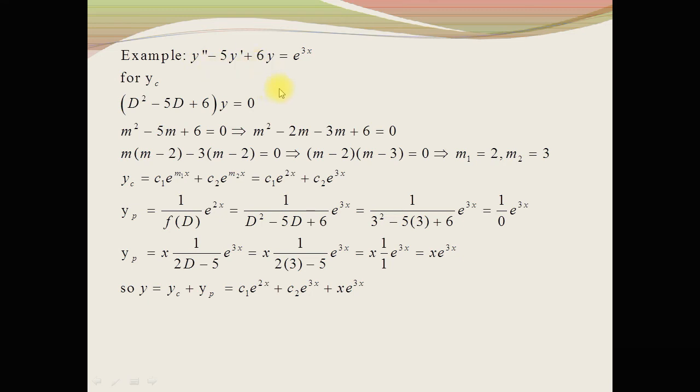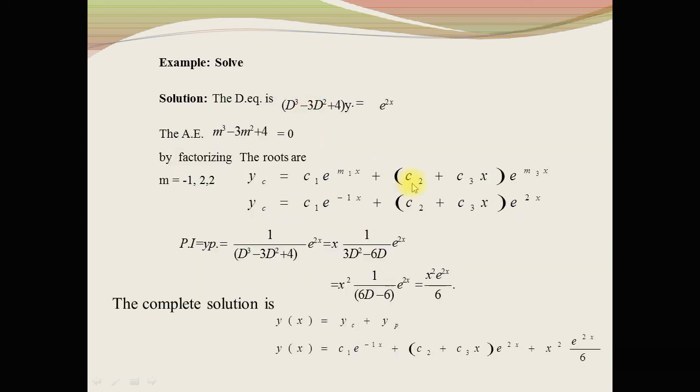When the roots are real and unequal, the complementary solution will be in this form: c1 e power m1x plus c2 e power m2x plus c3 e power m3x and so on. When the roots are real and repeated, the complementary solution will be in this form: c1 plus c2x plus c3x square and so on, times e power the repeated root.